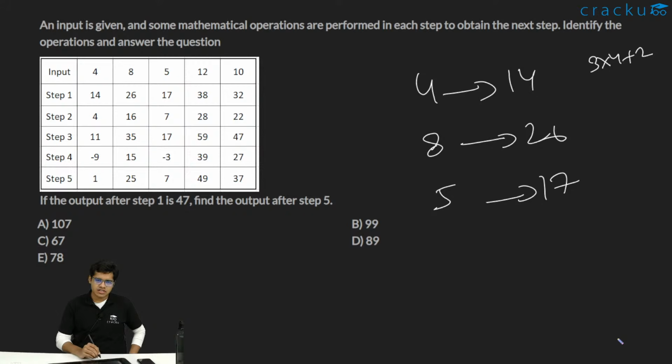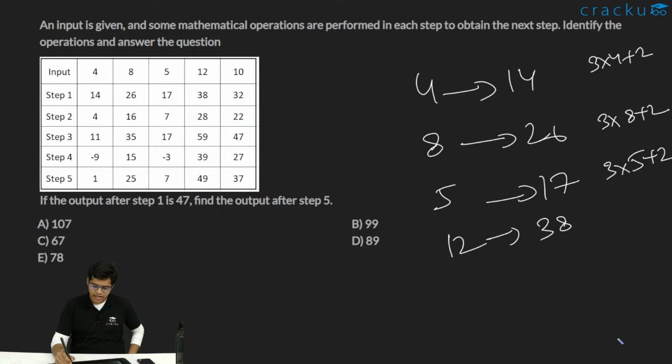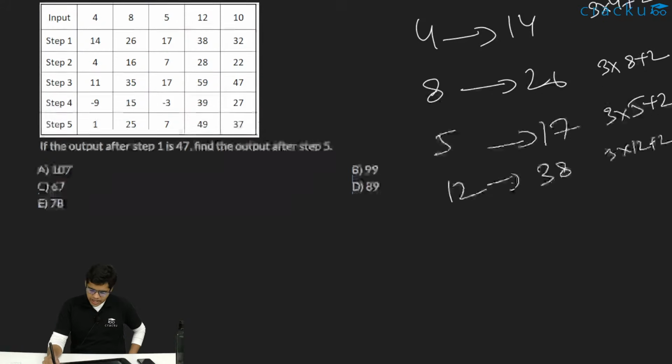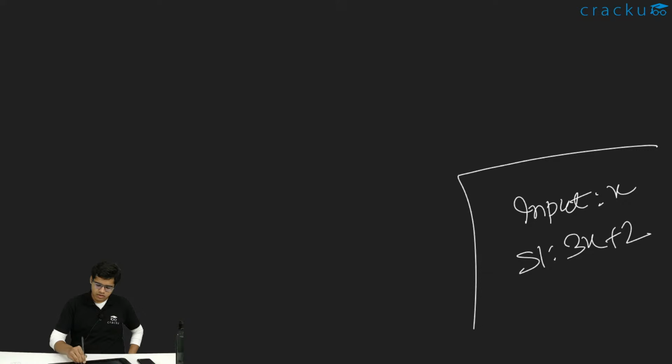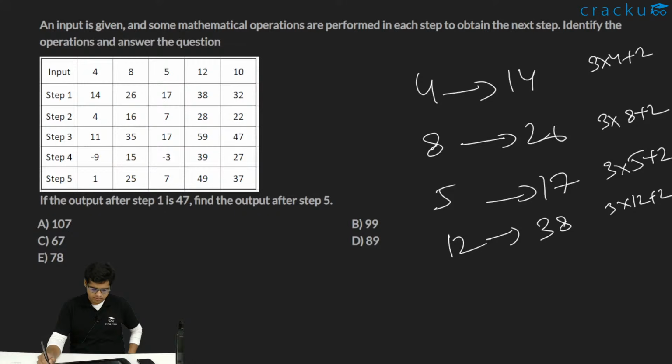What is 26? 26 I can write as 3 into 8 plus 2. What is 17? 17 I can write as 3 into 5 plus 2. Similarly, 12 getting converted to 38. So what is 38? 38 is 3 into 12 plus 2. So I can say if the input is x, in step 1 it will be 3x plus 2, right?